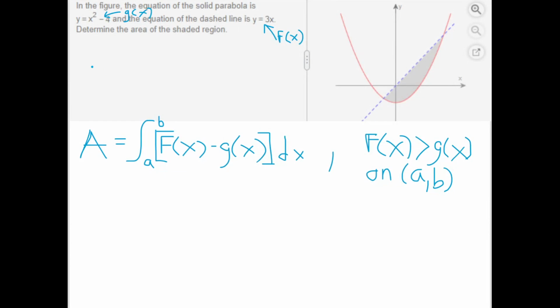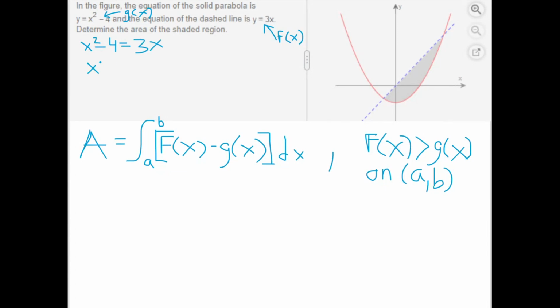Now let's find A and B. As discussed in class, to find A and B, you just set your equations equal to each other. So I have x squared minus 4 equals 3x.